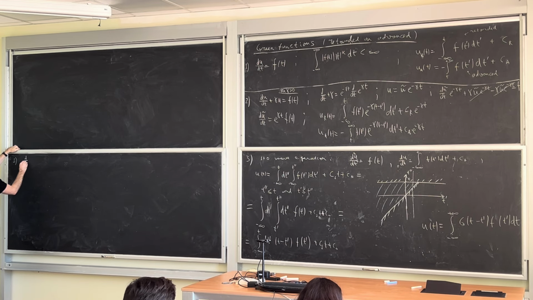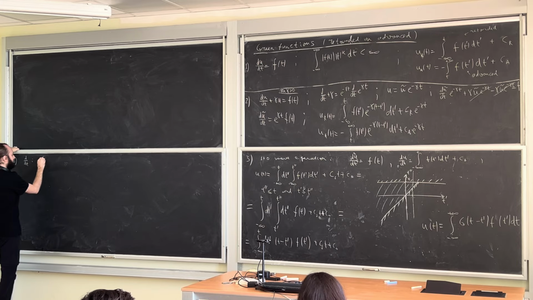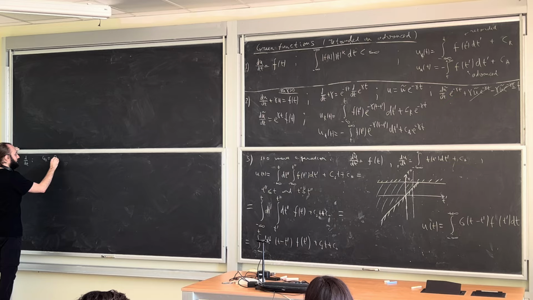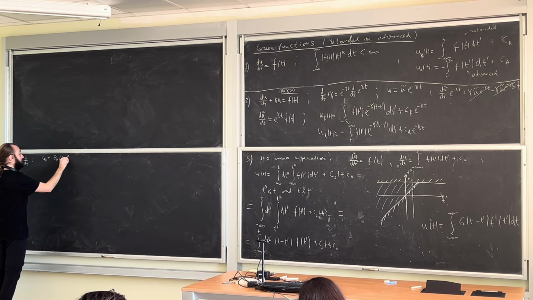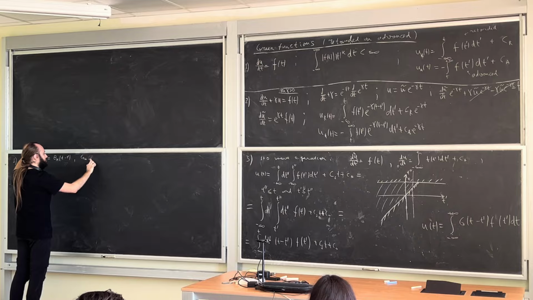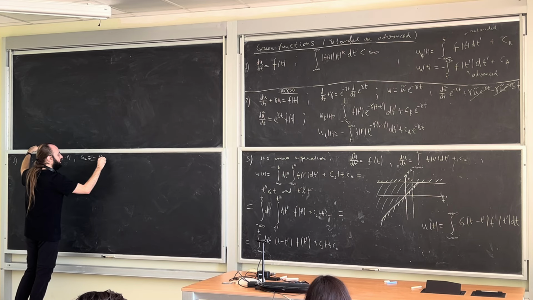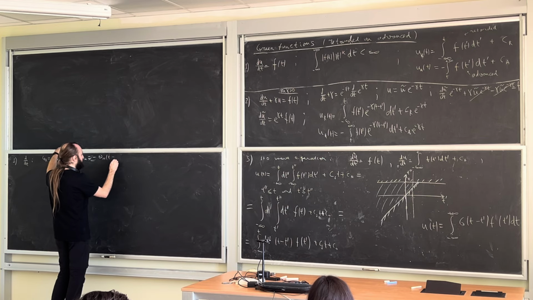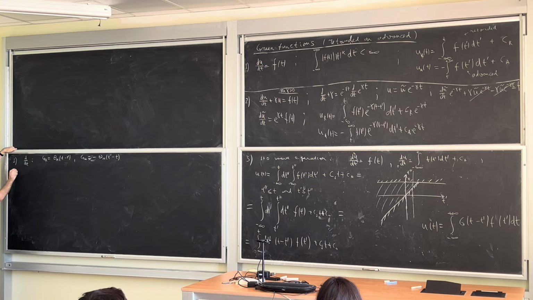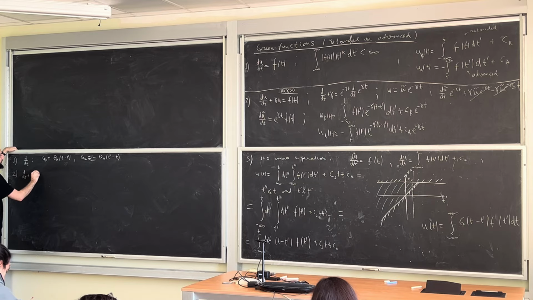For the operator d/dt, there is G retarded, which is Heaviside theta of t minus t prime. There is G advanced, which is minus Heaviside theta of t prime minus t. Right? And for d/dt plus gamma.